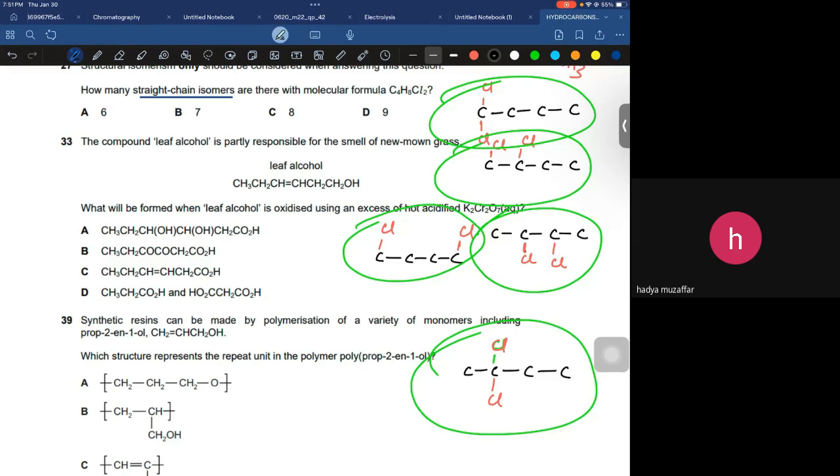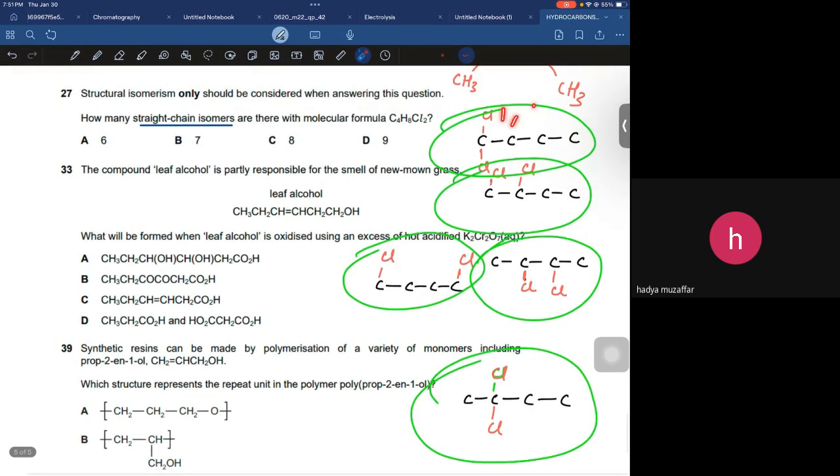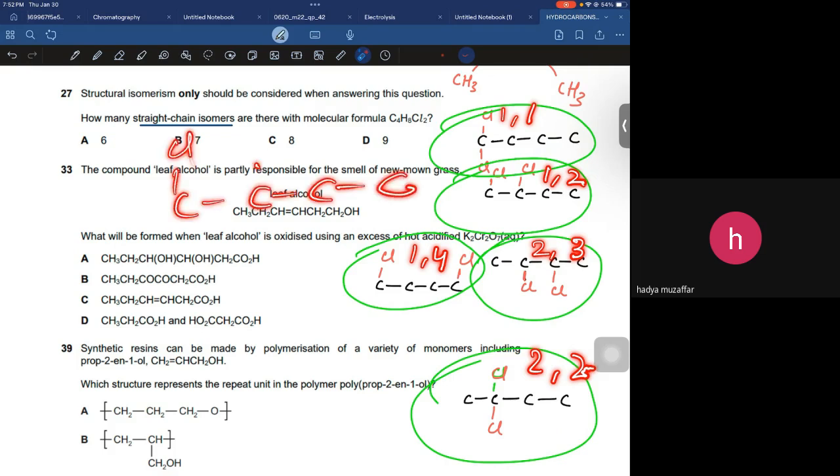Is there any other possibility? Let me tell you something. It's 1,1 dichloro. It's 1,2 dichloro. It's 1,4 dichloro. It's 2,3 dichloro. It's 2,2 dichloro. Yes, 1 and 3 is remaining.